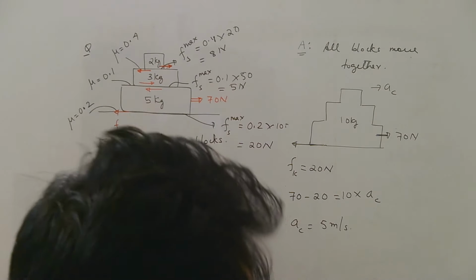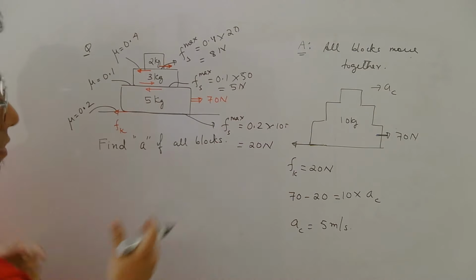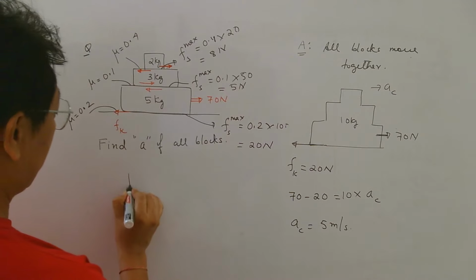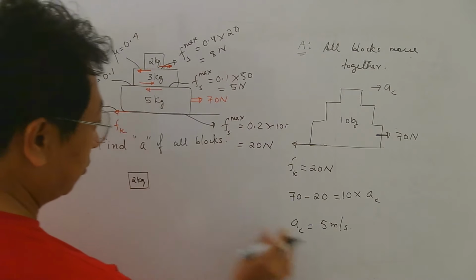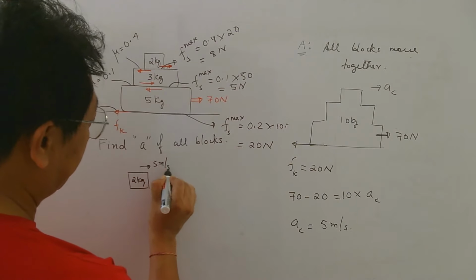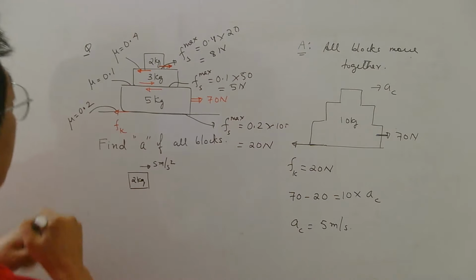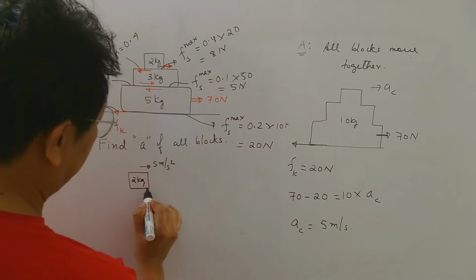Okay, so now we have to check whether this acceleration can be given by static friction or not. So for 2 kg block, in order to go with this acceleration, it needs a force, Newton's second law. What is the force on 2 kg block? The only force on 2 kg block is this friction force.